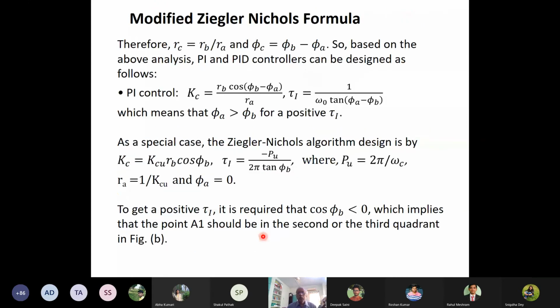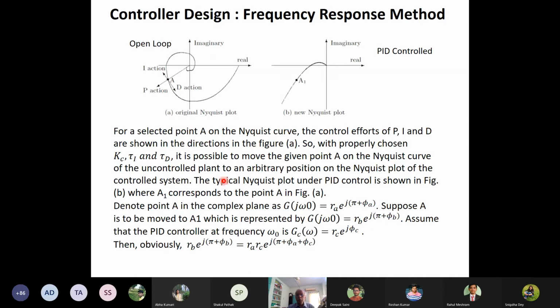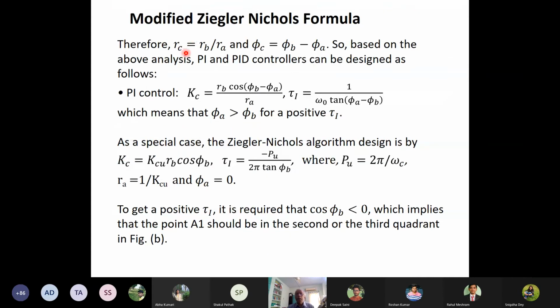If it is so, then Rc will be given by Rb by Ra, and phi c will be given by phi b minus phi a. So Rc is the gain or the amplitude of the controller, and phi c is the phase difference. So Rc will be given by Rb by Ra, and phi c will be given by phi b minus phi a.